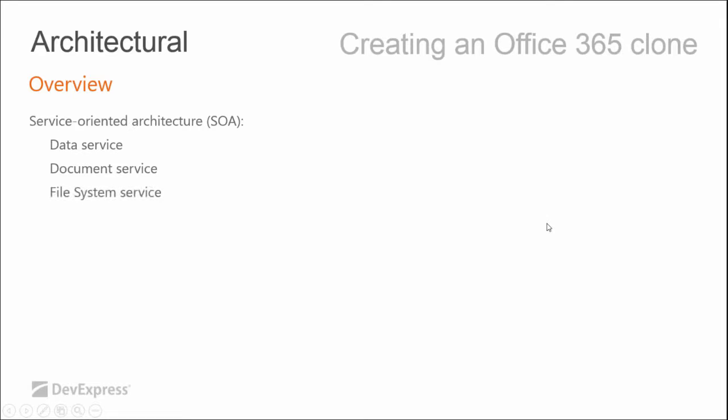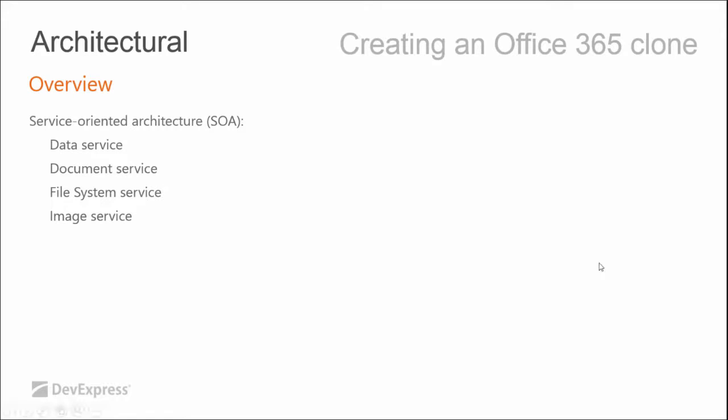Of course, because we are dealing with files, we have a file system service which processes all file-related operations like opening, editing, uploading, directory creation, and modification. And then we also have an image service that takes care of things like creating avatars or the thumbnail processing, as we mentioned before.